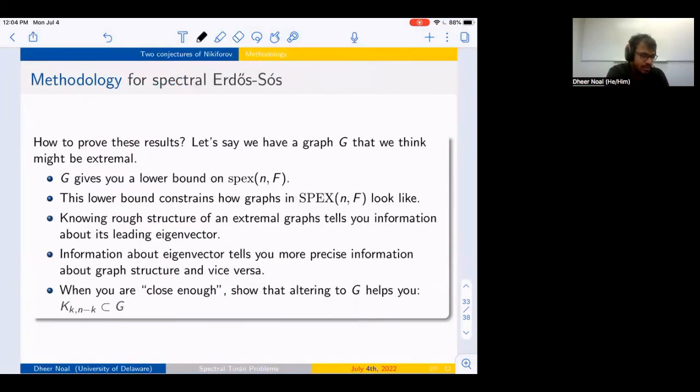So for example, for the spectral Erdős–Sós problem, what we ended up showing by doing this cycle between the structure of the graph and the Perron vector was that there is a complete bipartite graph with one of the parts of size k embedded inside our graph. And then it turns out that the set on n minus k vertices can have only one more edge in there, else you'd end up having a tree on 2k+3 vertices.